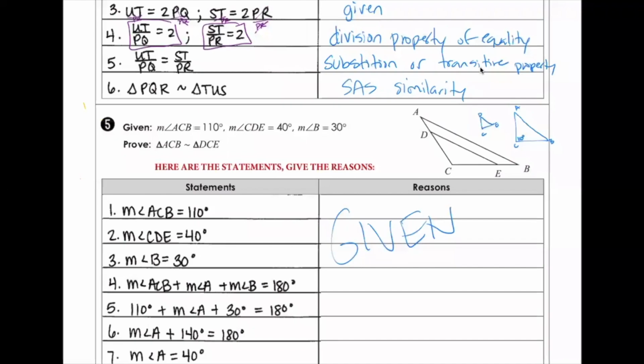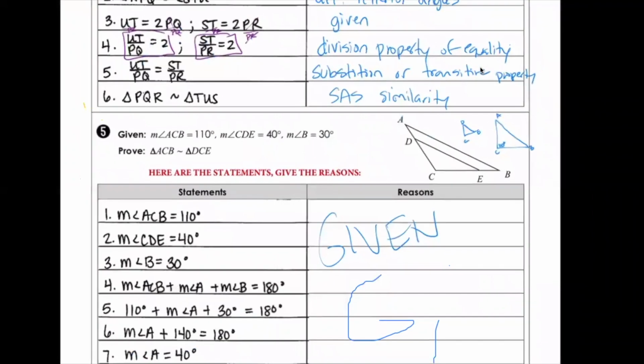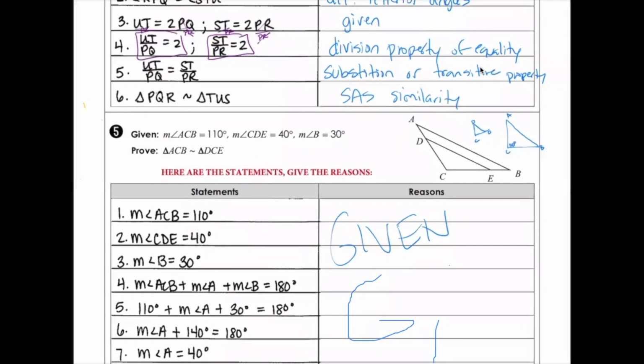Number 4 is just substitution. You're just adding them together, right? That's what we call the Triangle Sum Theorem. Remember, that just says every triangle, you add up the angles, they equal 180.